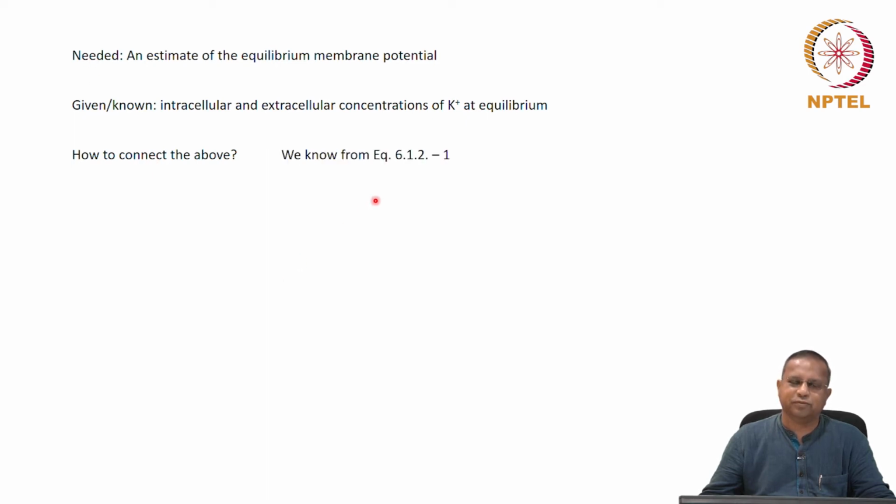We know from equation 6.1.2-1, our Nernst equation, that it relates the equilibrium membrane potential to the concentrations. So this is the equation that relates that. So as long as we find all the terms here, we would have whatever we need.